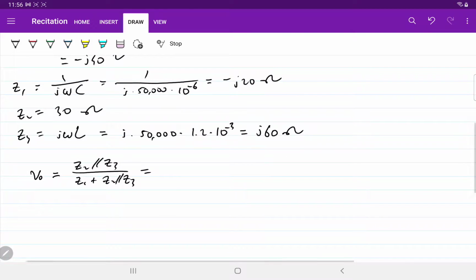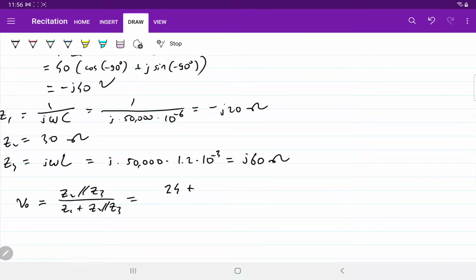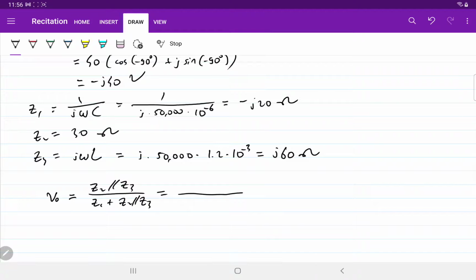What is Z2 parallel Z3? It is actually 24 plus j12, right? Because Z2, okay, let's write it for you. So 30 times j60 over 30 plus j60, right?